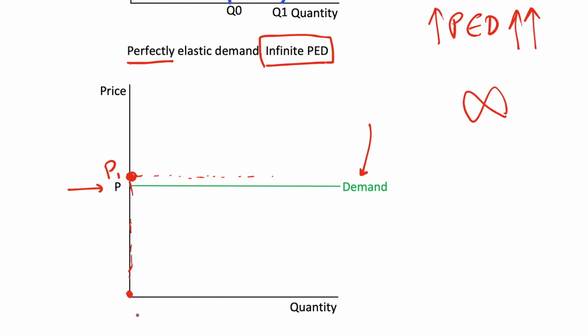So our quantity demanded is going to be 0, even with a tiny increase in price. Whereas at our original price, P, we could have any amount demanded. So whatever is available in our economy, if we were to draw a supply curve on here, that's what our demand would be. And just the tiniest of increases in price sends this demand right down to 0. So it's perfectly elastic. Even the tiniest change in price causes a huge change in quantity demanded because we have perfectly elastic, or infinitely high, price elasticity of demand.